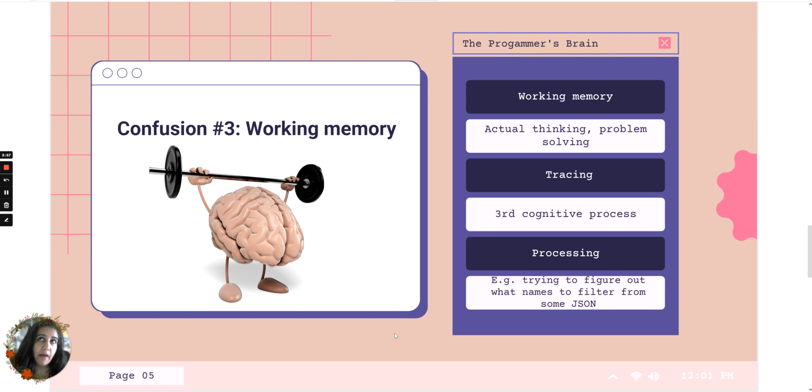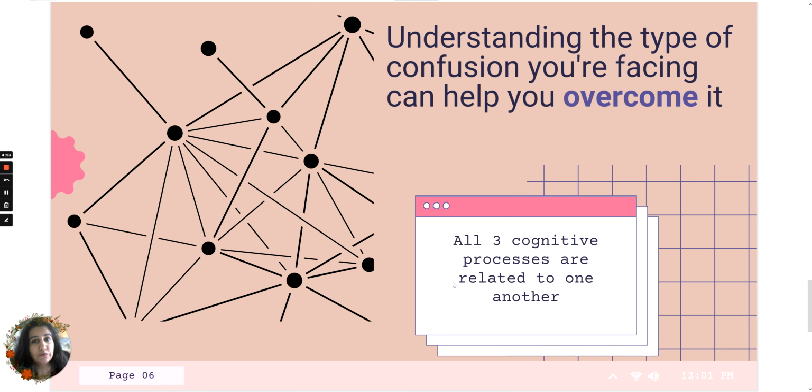This exercise of actively solving a coding problem is called tracing. So for example, you've got some JSON and you're trying to figure out the best way to filter out customers who have bought a certain item on a certain date, whose names begin with the letter A, or something like that.